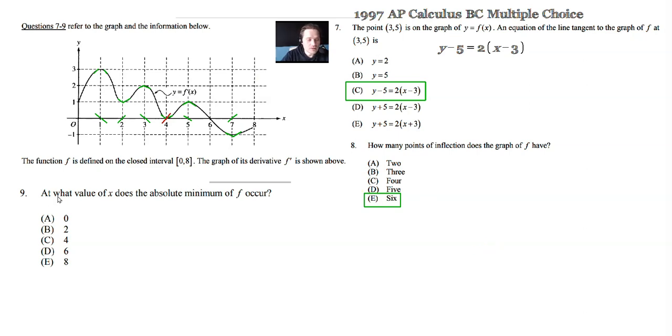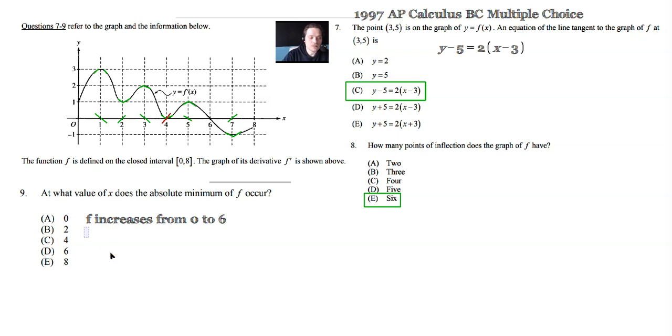For the last part, at what value of x does the absolute minimum of f occur? Take a look here. You can tell by looking at the graph that f increases from 0 to 6. How do we know that? f prime is positive when x begins at 0 and ends at 6. All of those values except 4 are positive, which means the original function is increasing essentially from 0 to 6.